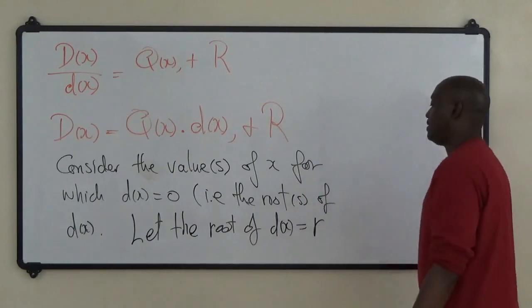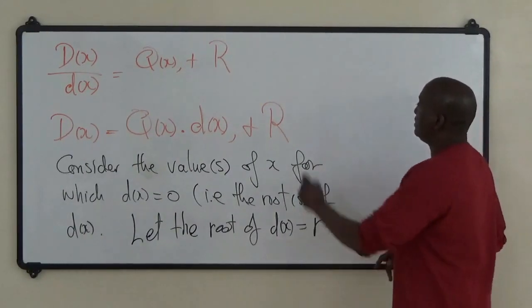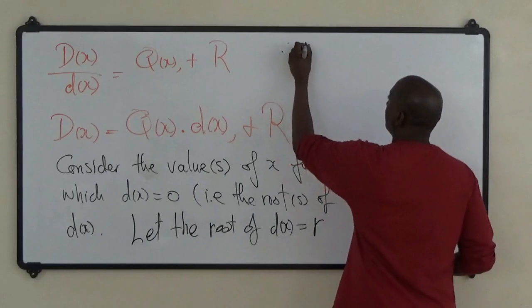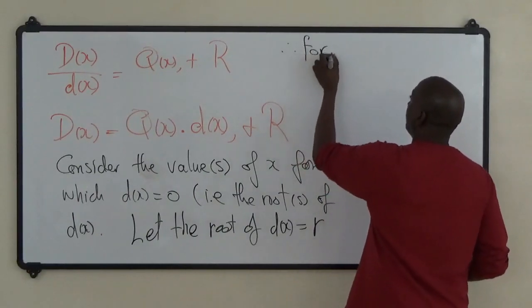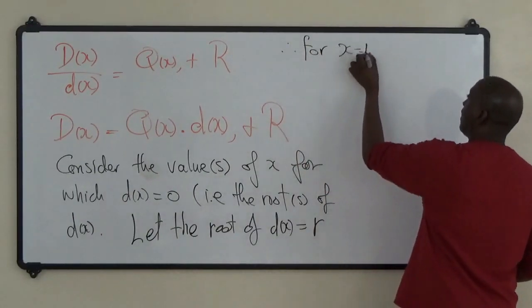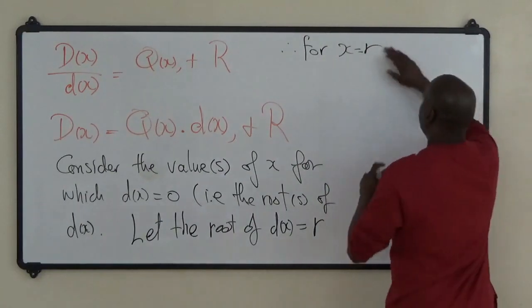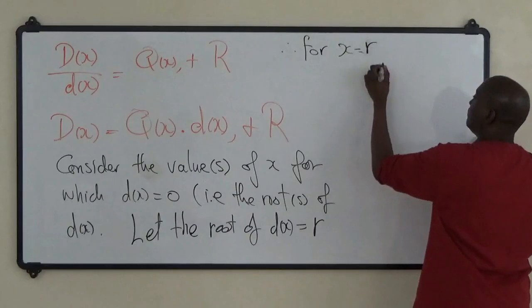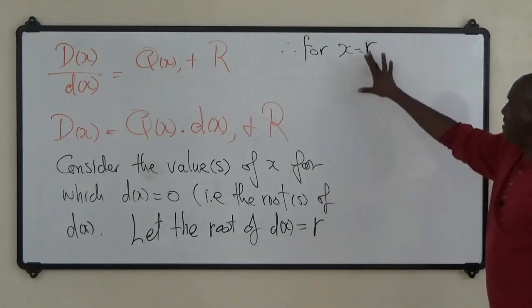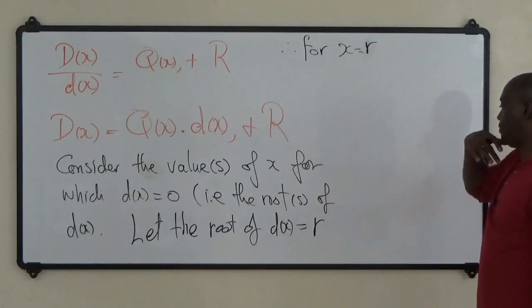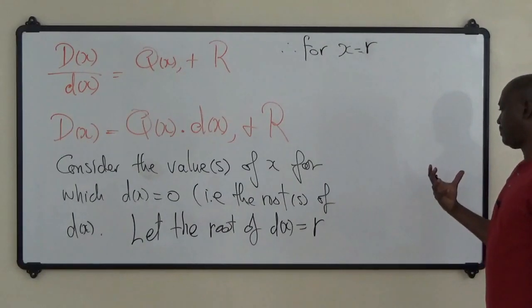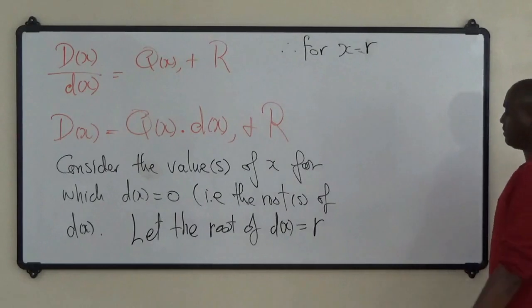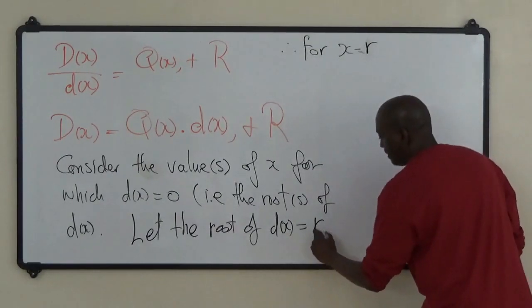So in other words, what we're saying is that for x equal r, and now remember that this could be more than one value, right? So what we could do, we could say x equal r i.